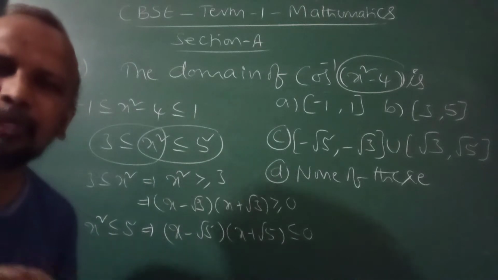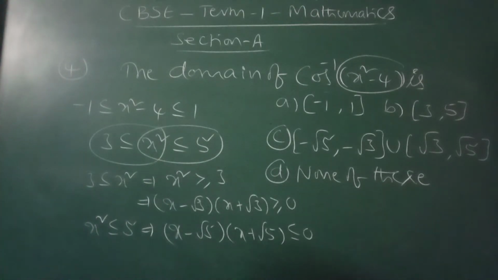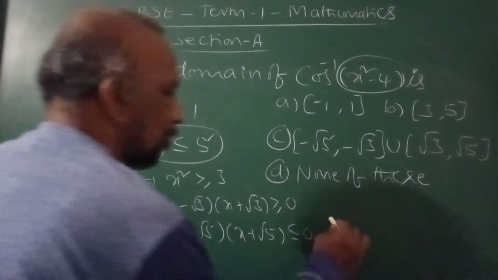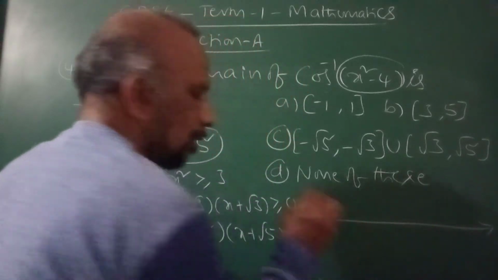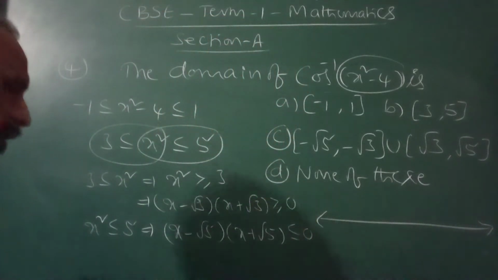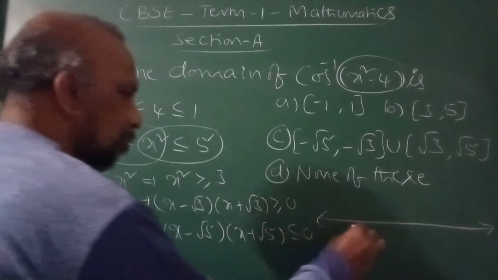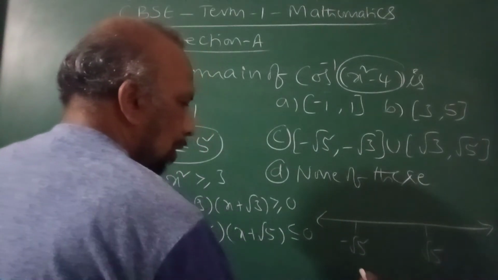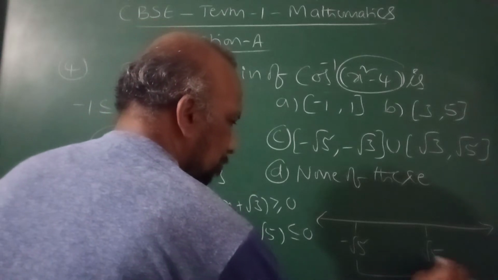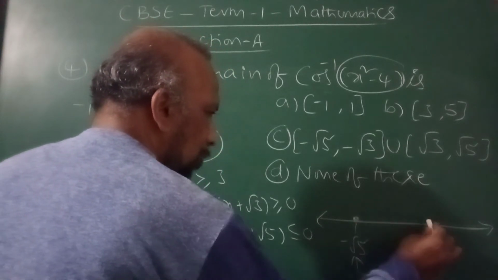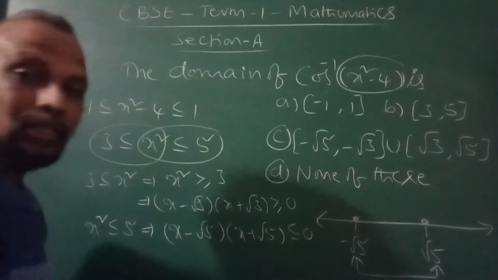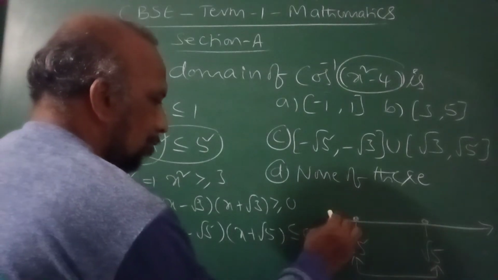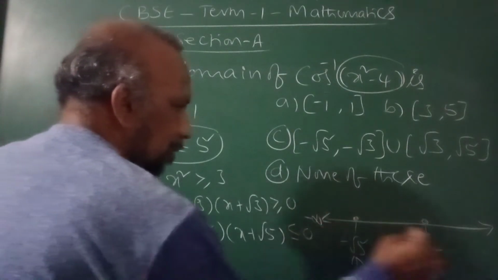That means it lies between minus root 5 and root 5. If we combine both answers on the real line, from minus infinity to plus infinity, x lies between minus root 5 and root 5, including these values, excluding the interval between minus root 3 and root 3.